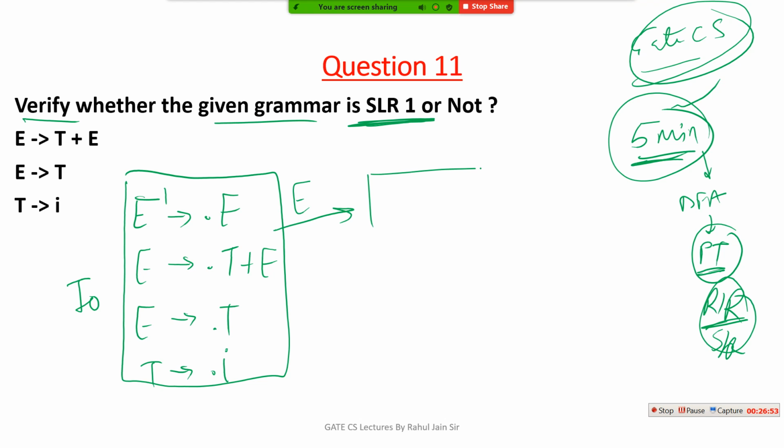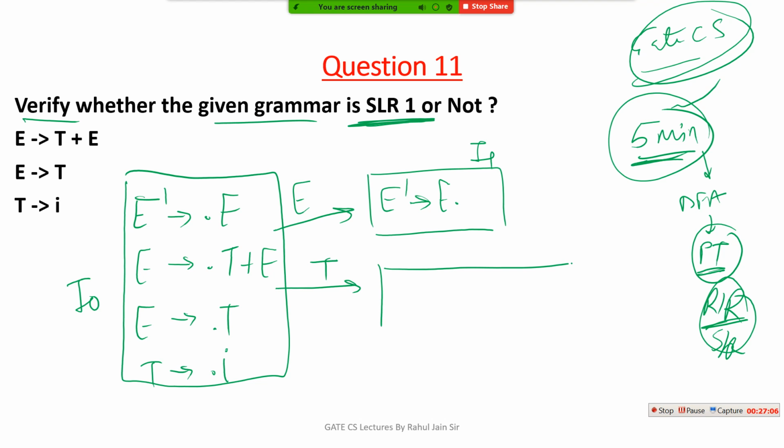I am visiting on E. E dash derives E dot, and it is reduced on I1. On capital T, E derives T dot plus E. In capital T it has more transitions, that is E derives T dot.